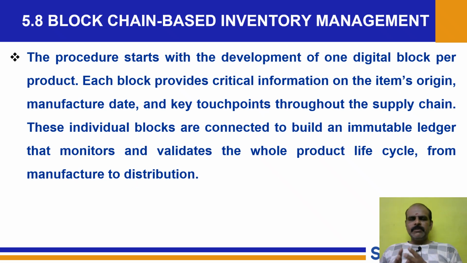Now one product comes, and that is going to be considered as a block, and all the data pertaining to it will be kept with it, and this block is going to be a part of the digital ledger, and this digital ledger is going to carry all sorts of information on the movement and handling of the part, that is the block, right from the inception in manufacturing till distribution. So all the data are going to be made available here.